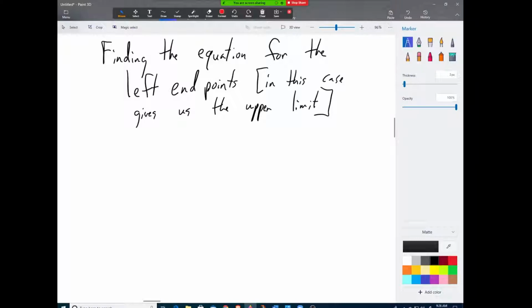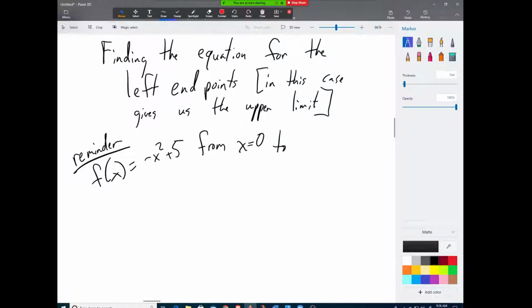So, just as a reminder, we're using the function negative x squared plus 5 from x equals 0 to x equals 2 using 5 rectangles.